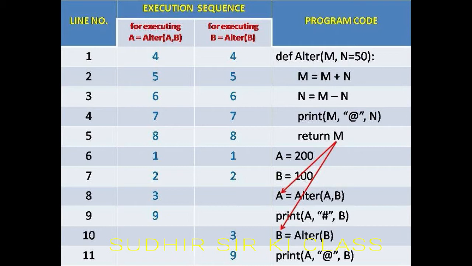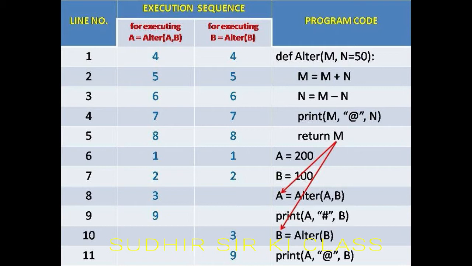These actual arguments will be passed to the virtual arguments or the formal arguments which are in the function definition. So M will get the value of A, that is 200, and N will get a value of B, that is 100. So in this case, this 50 will be overwritten by the value B, which is 100.